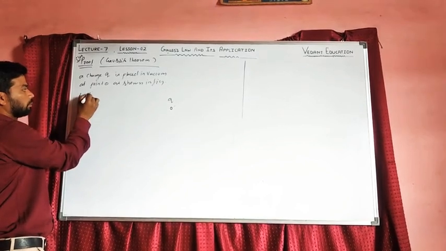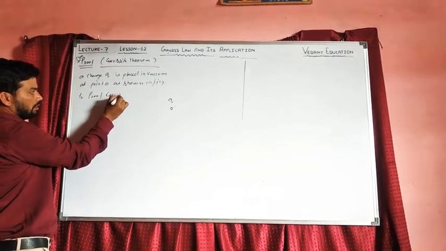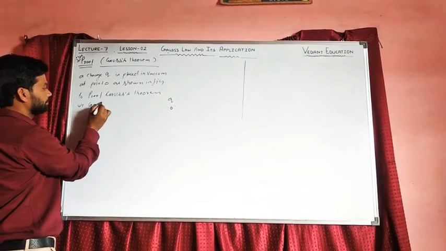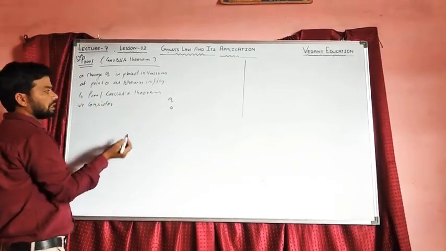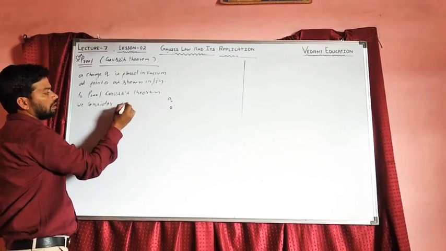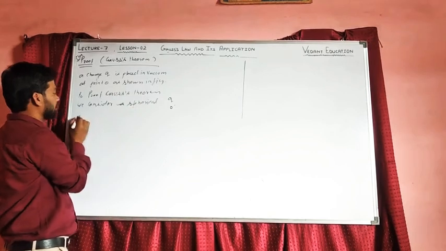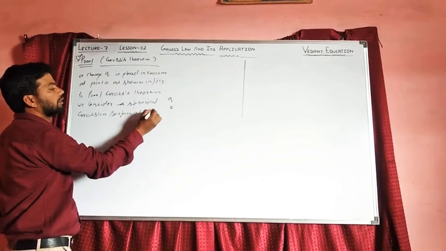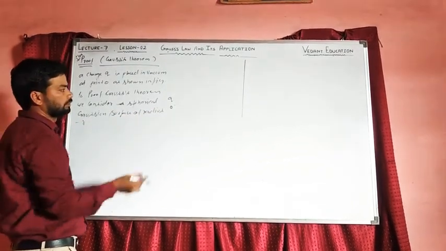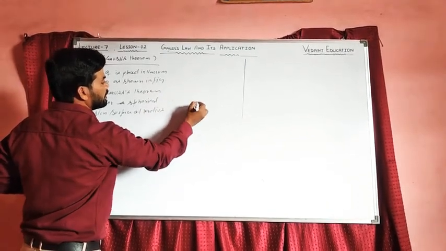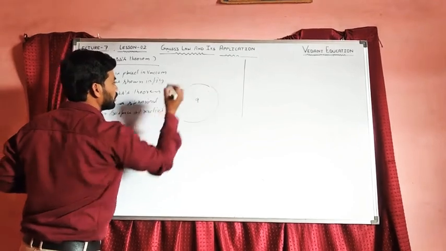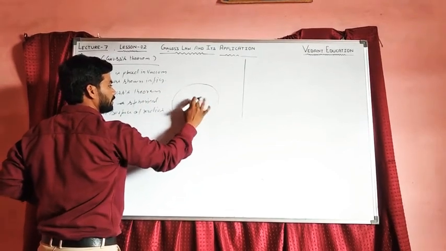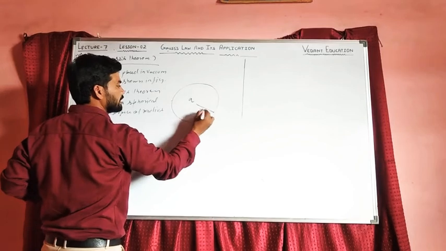To prove Gauss's theorem, we consider a spherical Gaussian surface of radius r, like this, around the charge Q. This is the charge, and this is the radius r.